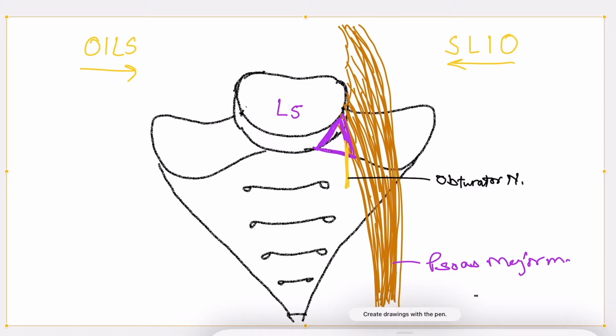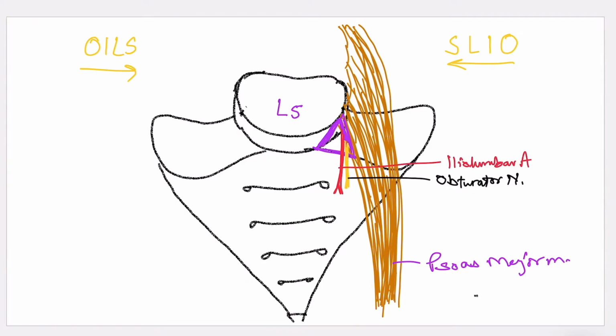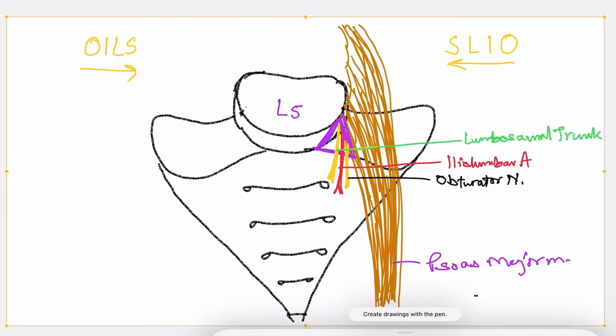Then there will be an artery emerging out, and that is iliolumbar artery. Sacral plexus is formed by the lumbosacral trunk. So there, descending down here is the lumbosacral trunk. This will participate in the formation of the lumbosacral plexus. And the medialmost is the sympathetic chain.